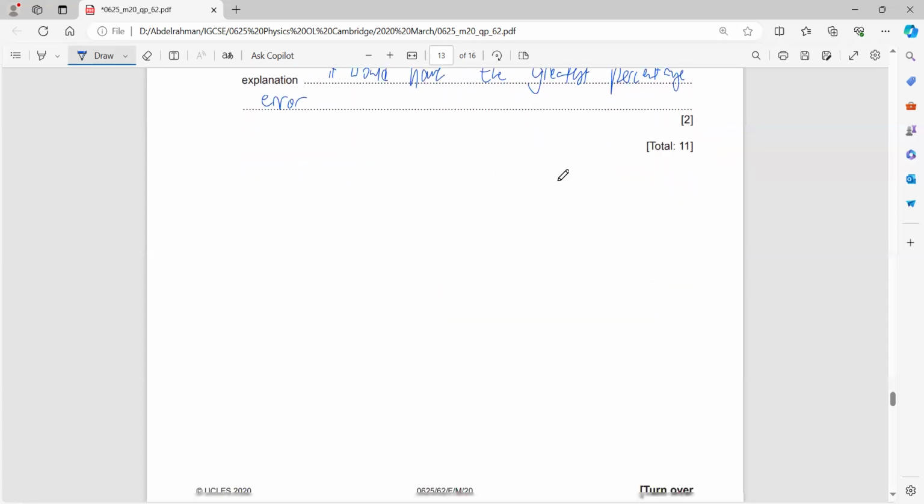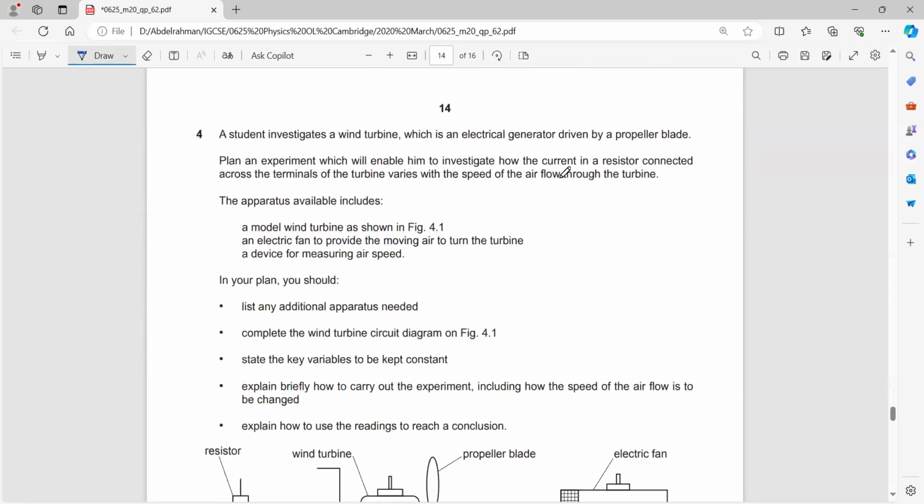Moving on. Planning an experiment. A student investigates a wind turbine, an electrical generator driven by a propeller blade. Plan an experiment which will enable him to investigate how the current in the resistor connected across the terminals of the turbine varies with the speed of the air flowing through the turbine.